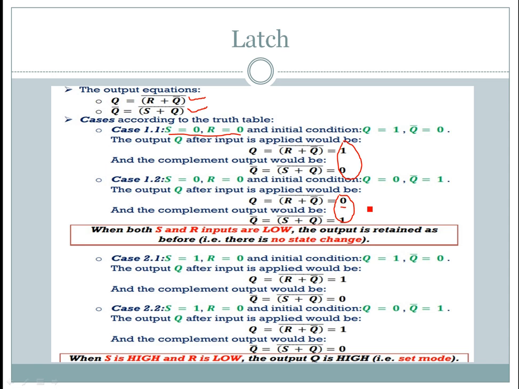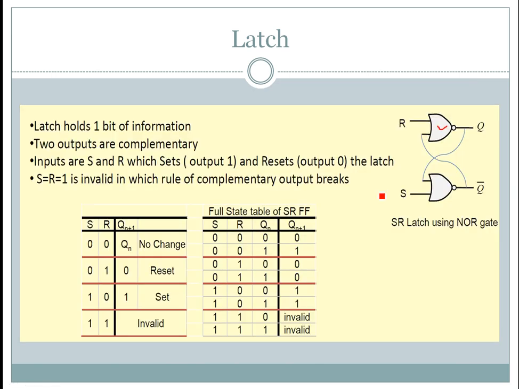So when you apply S equal to 0, R equal to 0, there is no change in the output. In the truth table, for S 0, R 0, if the previous Q value is 0, the next Q value is 0 only. And if the previous Q value is 1, the next Q value is 1 only. So there is no change in the output.